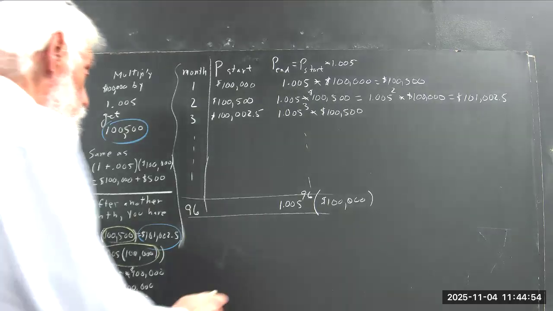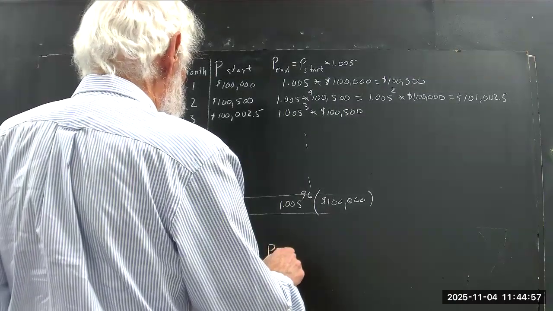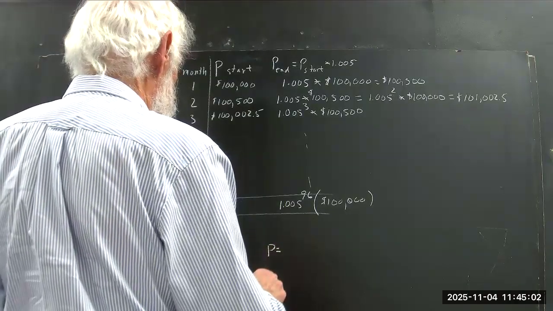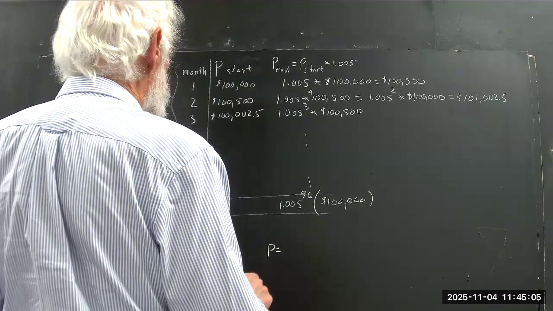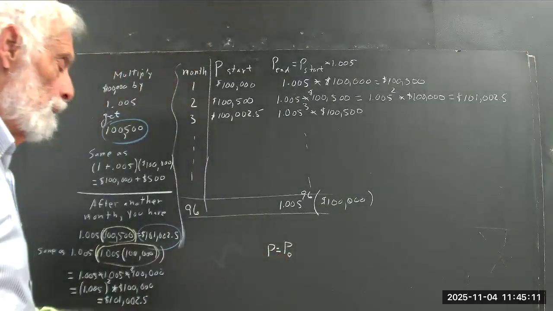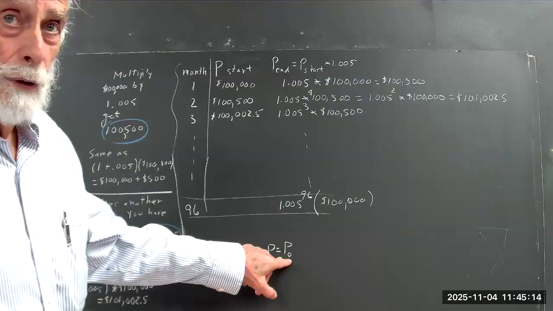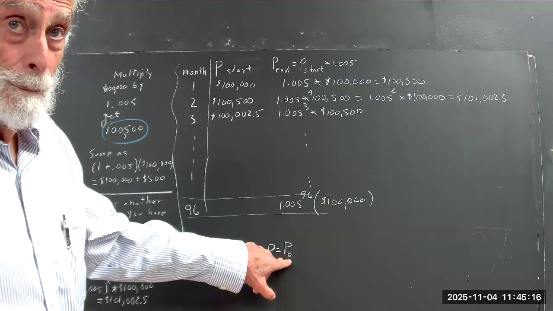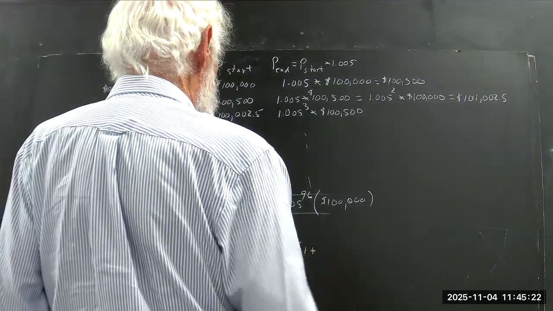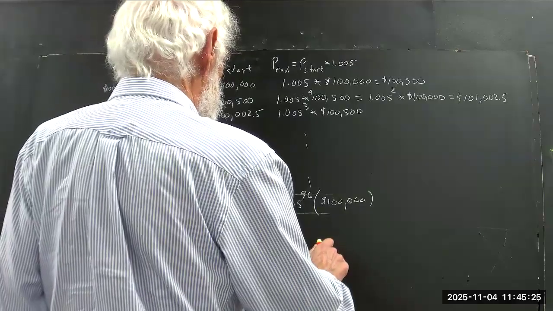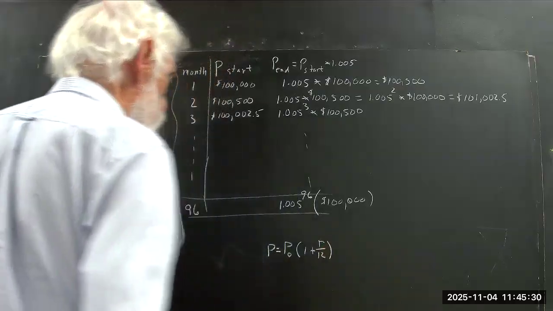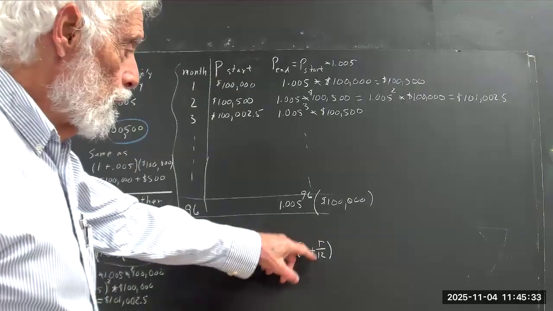Now your formula is P equals, I'm going to call it P sub zero, the amount of money you started with at time zero, times 1 plus R over 12.